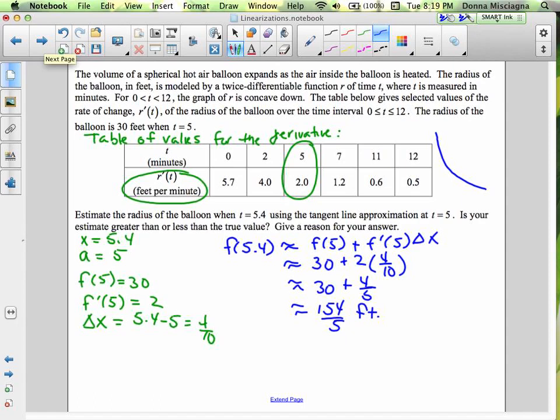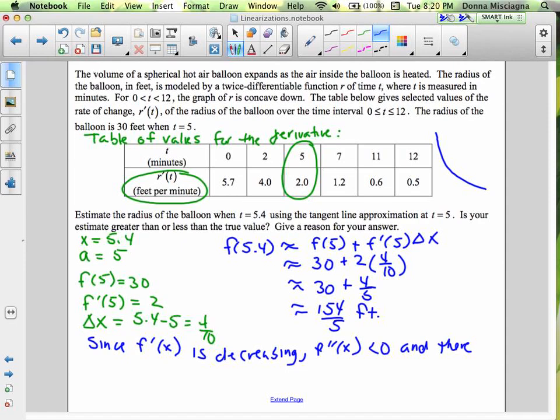Since f prime of x is decreasing, then its derivative is negative. f double prime of x is going to be less than 0. Actually, let me qualify that.